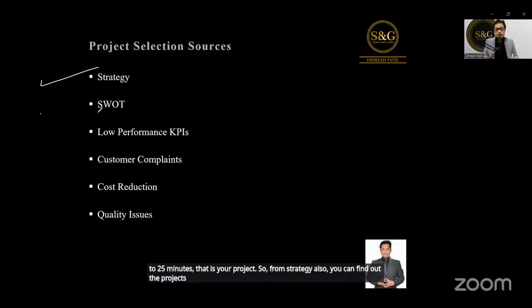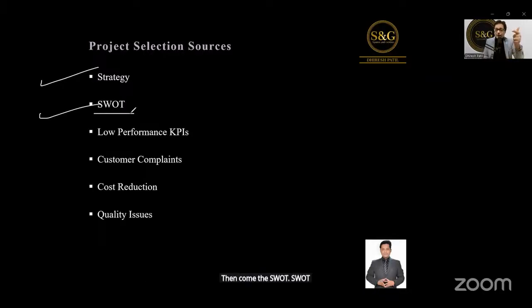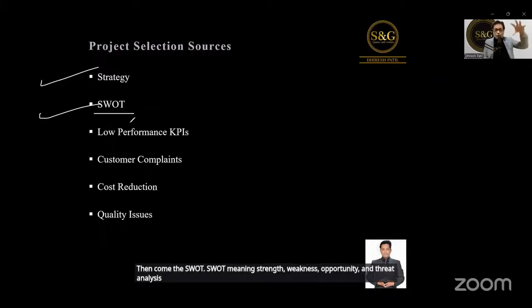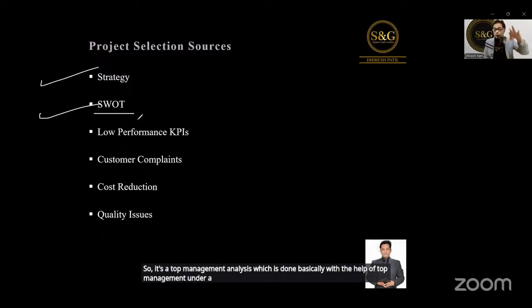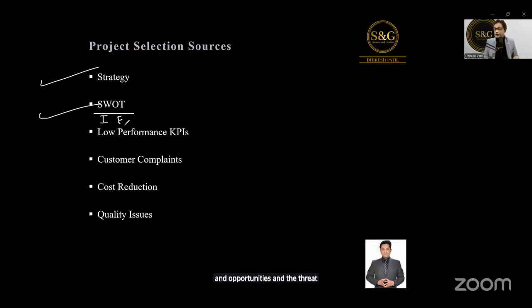Then comes the SWOT. SWOT meaning strength, weakness, opportunity and threat analysis. It's a top management analysis which is done with the help of top management under the guidance of an expert or a consultant, asking what the strengths of the company are and what the weaknesses of the company are. Strengths and weaknesses are the internal factors, and opportunities and threats are the external factors.